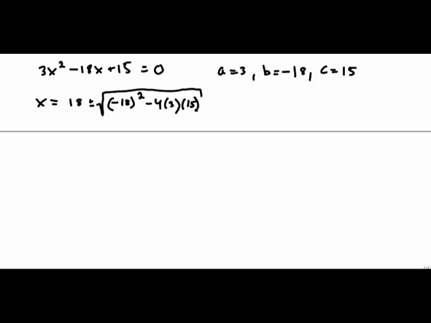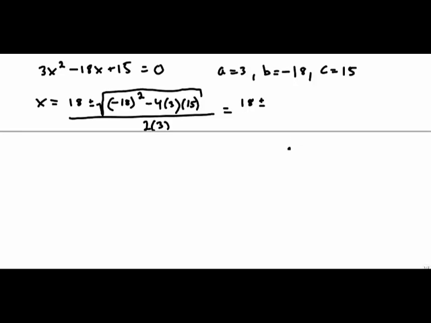Okay, we're going to get some big numbers here. Everything divided by 2a, which is 2 times 3. Let's clean it up a little bit. This is equal to 18 plus minus the square root of minus 18 squared.